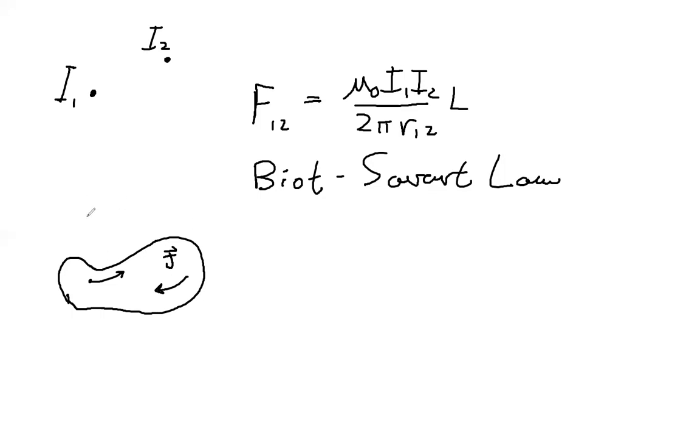We want to know what kind of force that produces on a little bit of current further out. Now you could imagine there being a loop of wire and you're asked what's the force on this little bit of the wire. But we could be even more fundamental and just say there's a charge Q moving at a velocity V somewhere out there. That's the simplest unit of current we can talk about.